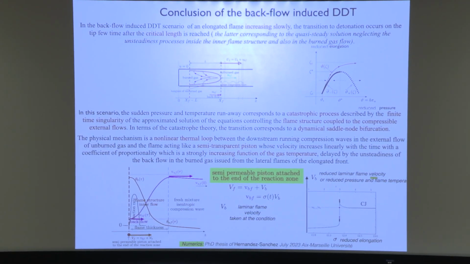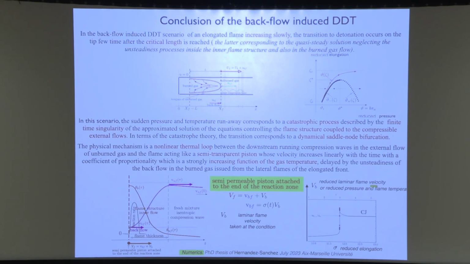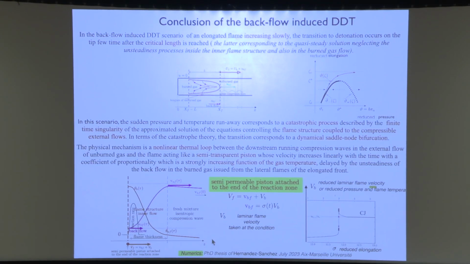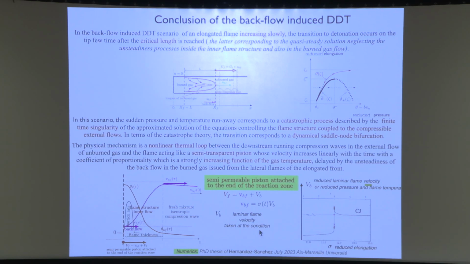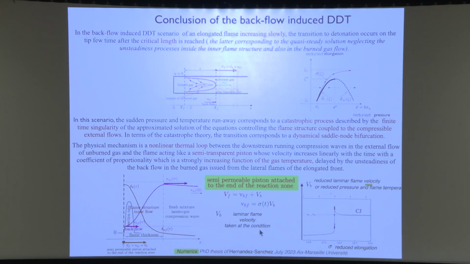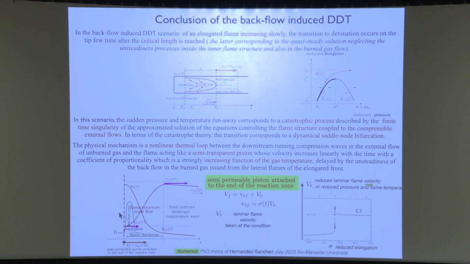So this was done by the PhD student Hernandez Sanchez, Raul. He did numerics. What was the numerics? He solved the flame structure. Here is the flame structure, completely solved, and he put it in.